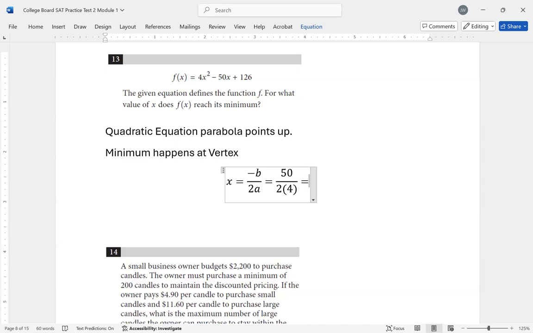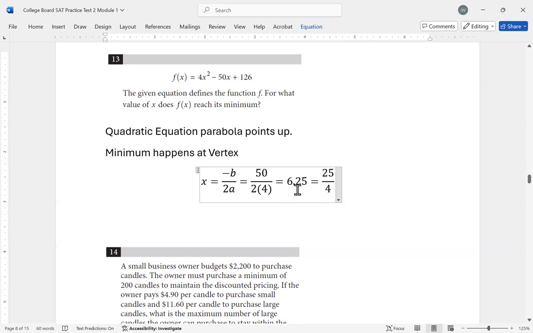So we end up with 50 over 8, which is 6.25, or if you want to write that as an improper fraction, 25 over 4. So that's the x value of the vertex, and that's what it's asking. For what value of x does f of x reach its minimum? Well, it's going to be 25 over 4, or 6.25.